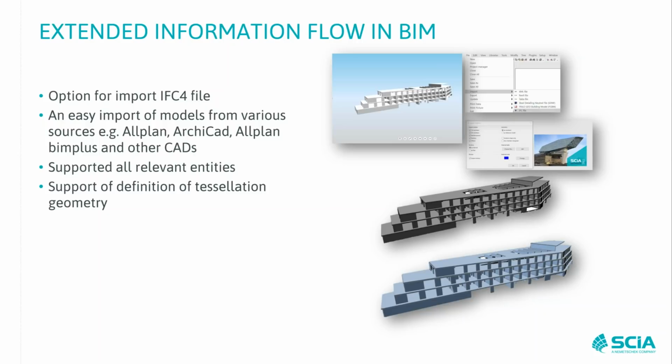So if you are using CAD software like Allplan, Archicad, or some other CADs, now you have the possibility to export an IFC4 file from this software and use it directly in SCIA Engineer as you are used to. Just go to the file import and select the IFC file. SCIA Engineer automatically recognizes if it's IFC 2x3 or 4 and displays the dialog which you are used to seeing.